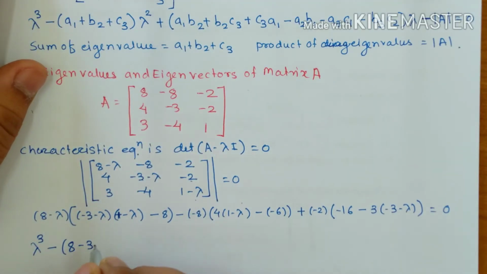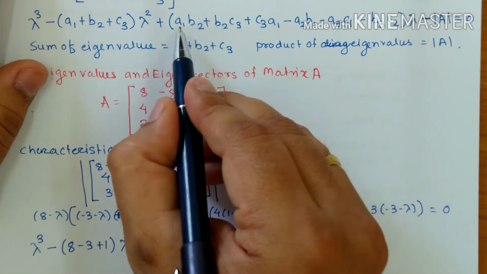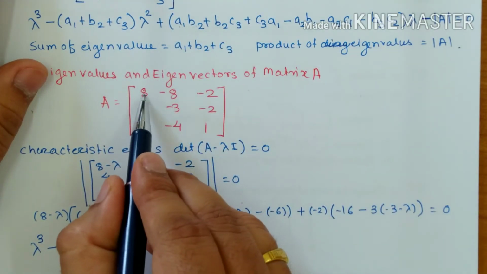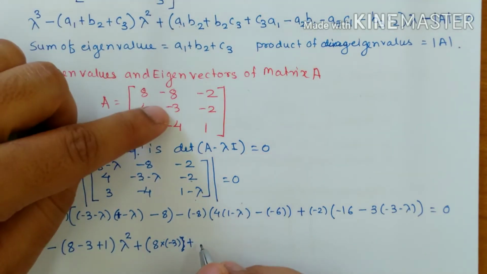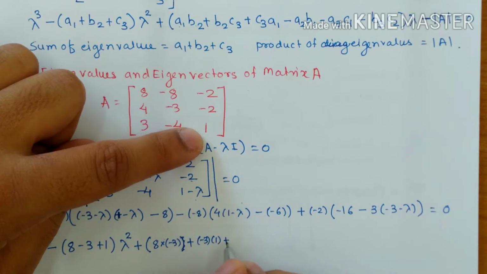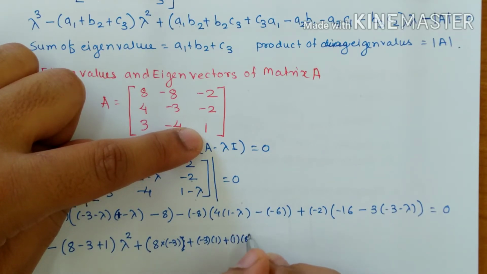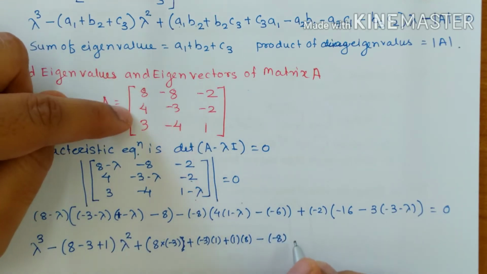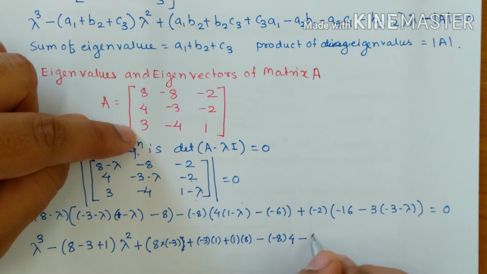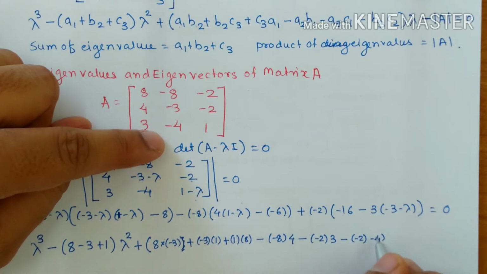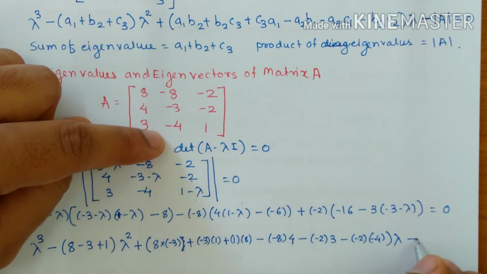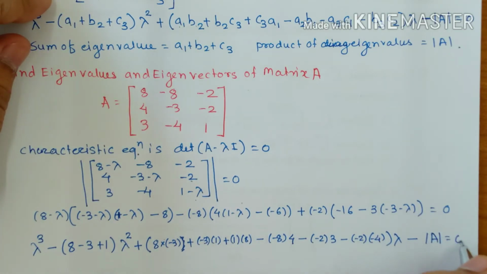So 8 plus minus 3 plus 1 into lambda square plus a1 b2 c3 terms: 8 into minus 3 plus minus 3 into 1 plus 1 into 8 minus 8 into 4 minus 2 into 3 minus 2 into minus 4, into lambda raised to 1. The next term is minus determinant of A is equal to 0.